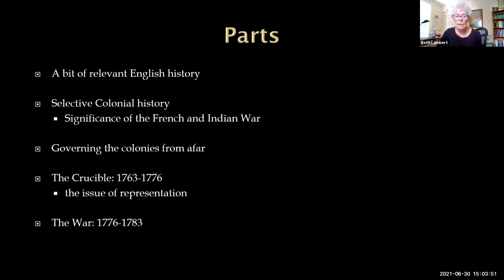The next part, selective colonial history, and primarily the significance of the French and Indian War. Third part, governing the colonies from afar. The fourth part, the crucible 1763 to 1776, in this whole issue of representation. And then finally, we'll get into the war 1776 to 1783.